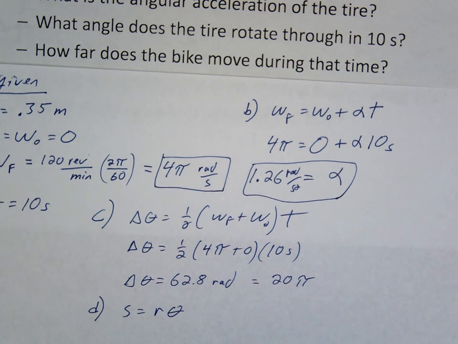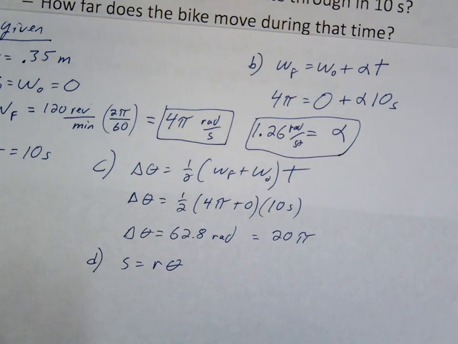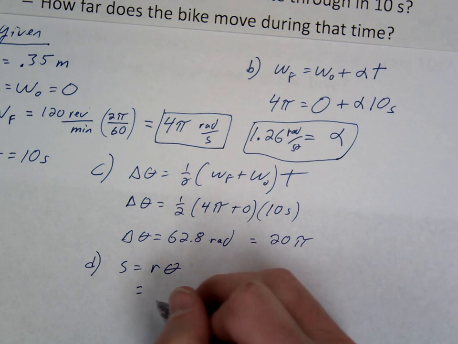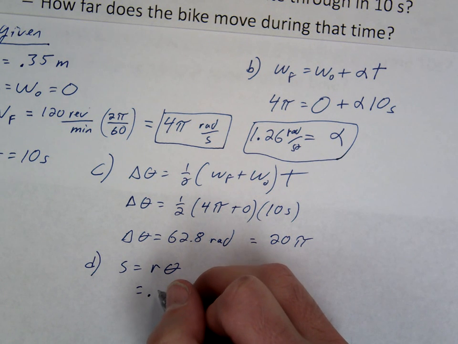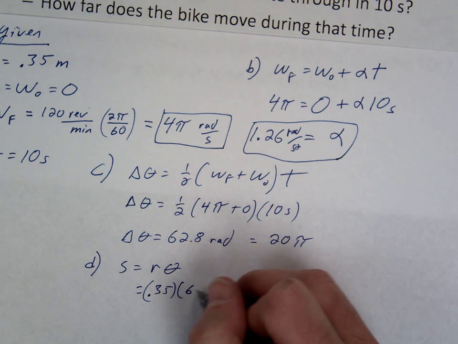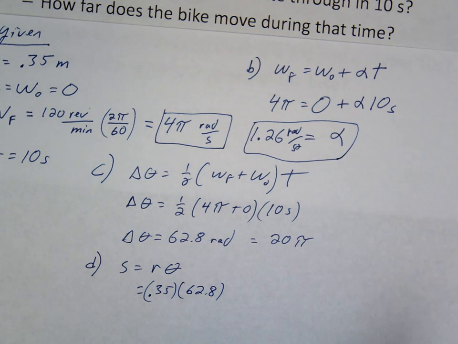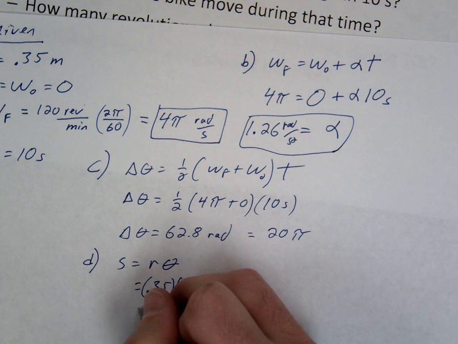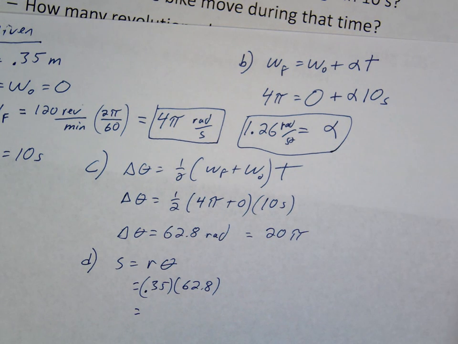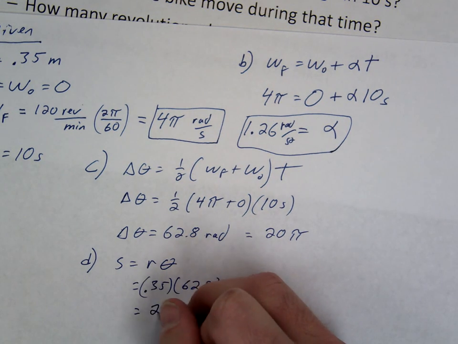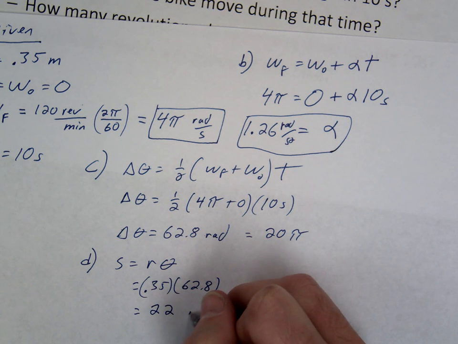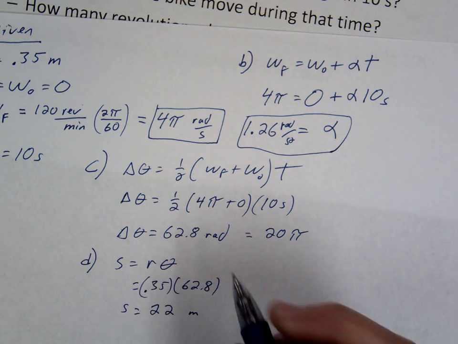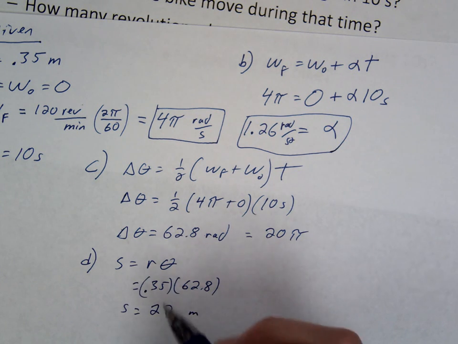Multiply by the radius. So our radius was 0.35 times 62.8 or 20 pi. 22 meters. Is that confirmed?